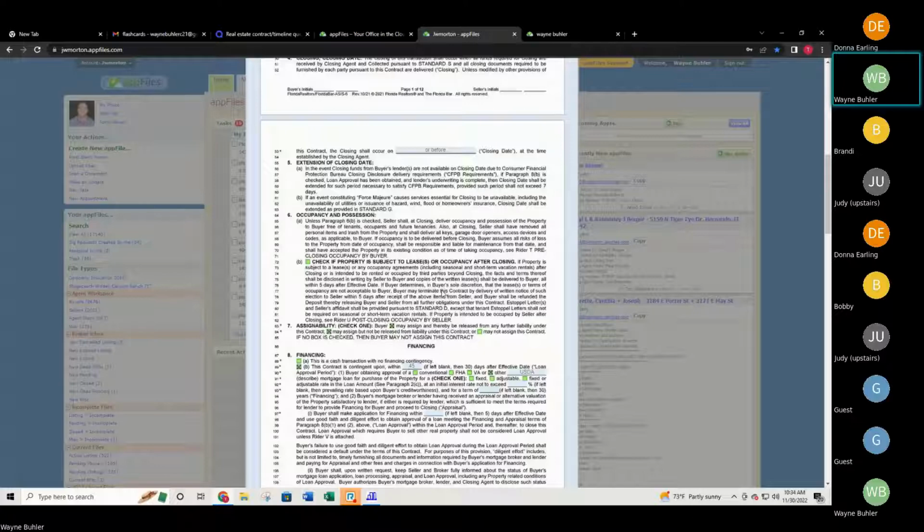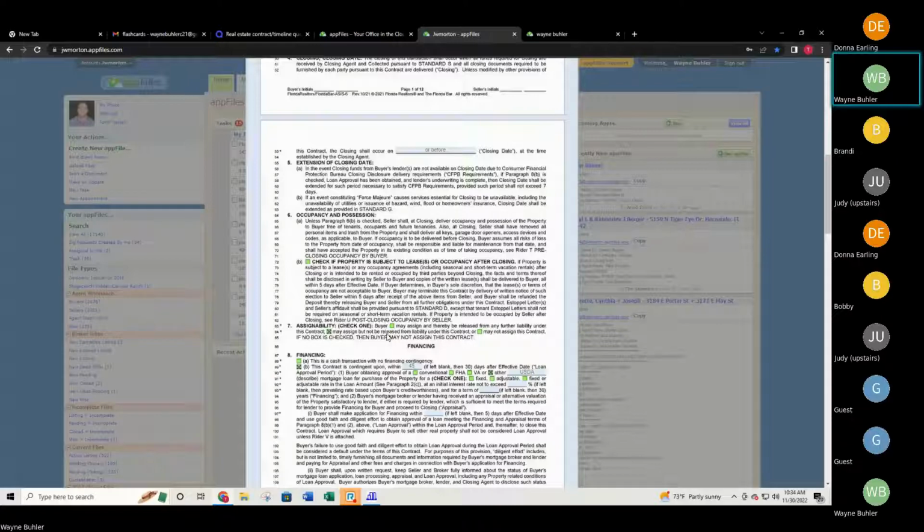So now we call up the agent, and the agent basically says, well, under this contract, it was checked, may assign, but they're not released from liability. So just so you guys understand the assignability part, when that's checked, the buyer has the ability to assign someone else to it without having the seller sign a document. I mean, that is what assignability means.